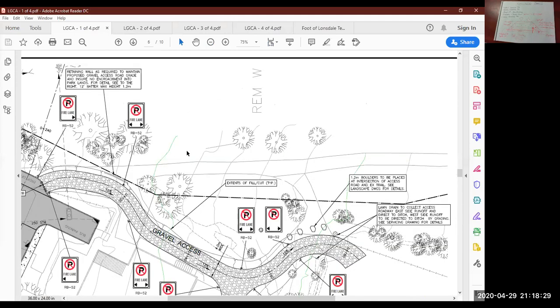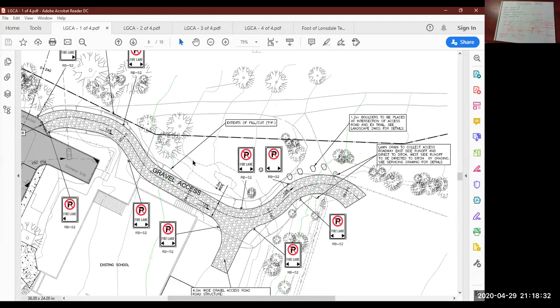Okay, so the question says, assume the road ends at station 1 plus 180. So there's 1 plus 180. You've got no more quantities to calculate past there. So assume this little bit here is not there. So 0 plus 180 is the end of the access road. The other comment was, assume the road does not have the turnaround at station 1 plus 152. So that's this thing here.